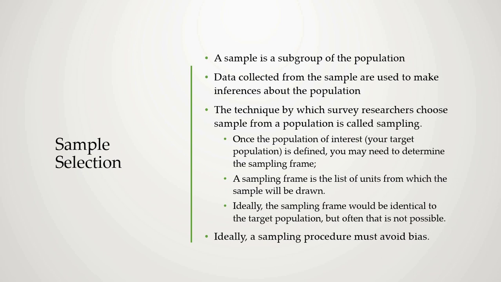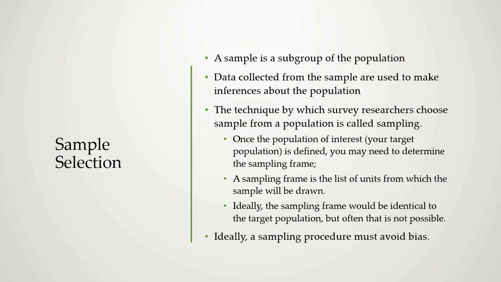Go back to my case study example. I don't have access to all full-time students attending four-year colleges or universities in the US. So as a stepping stone, I could define a sampling frame, which is all full-time students attending the University of Memphis. We actually want the sampling frame to be identical with the target population.